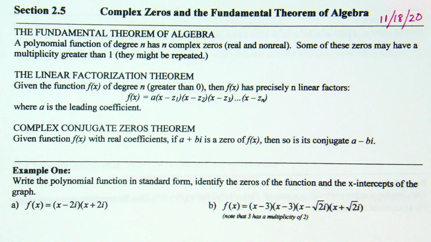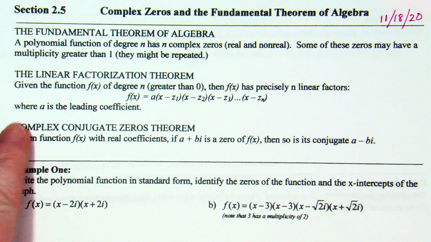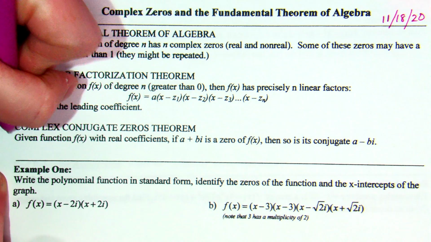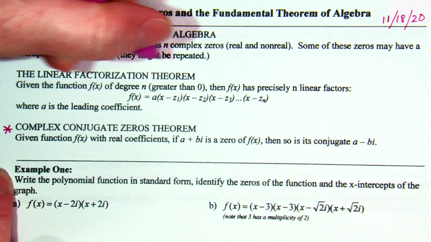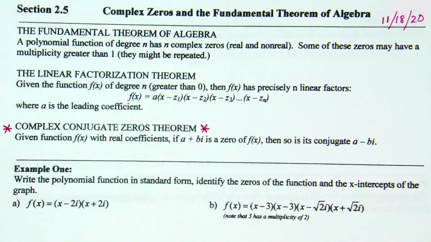Those factors could represent rational, but also irrational and complex, or non-real zeros, where a is the leading coefficient, of course. This is a big one right here. How much we do with this may not happen until tomorrow. Might happen later today. We should get that far.